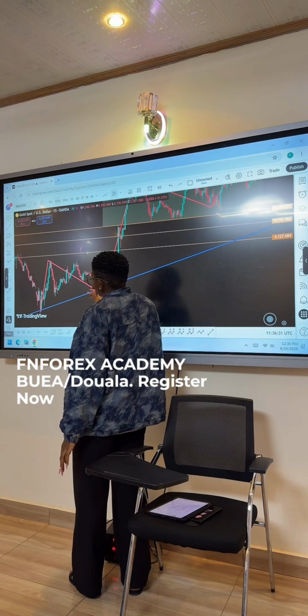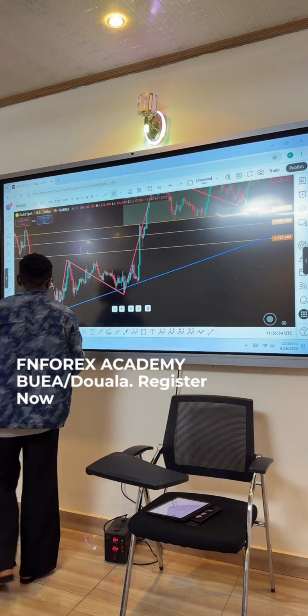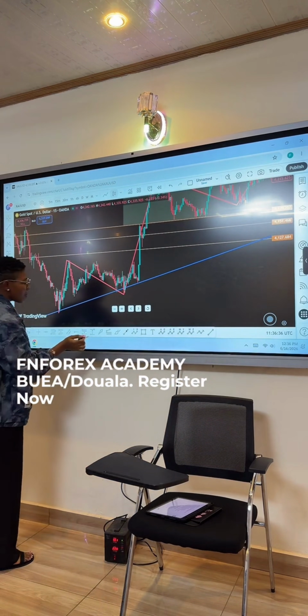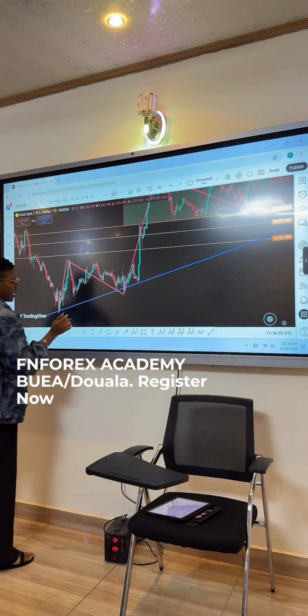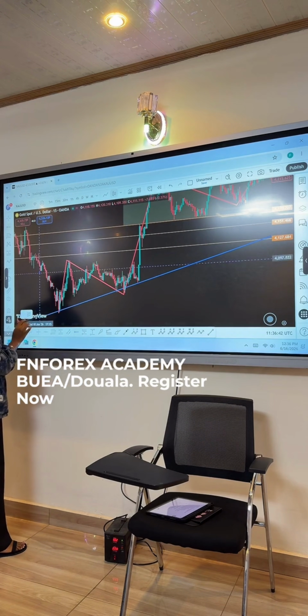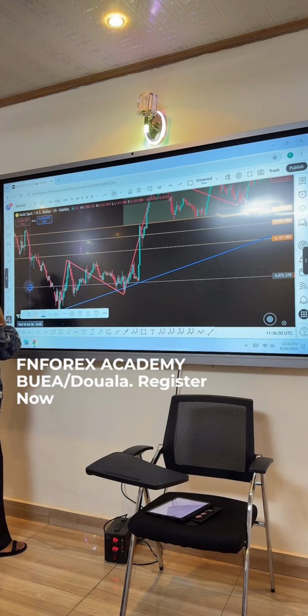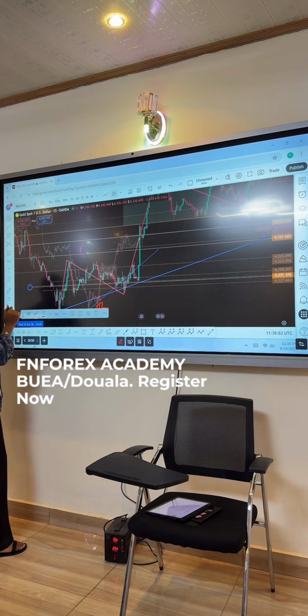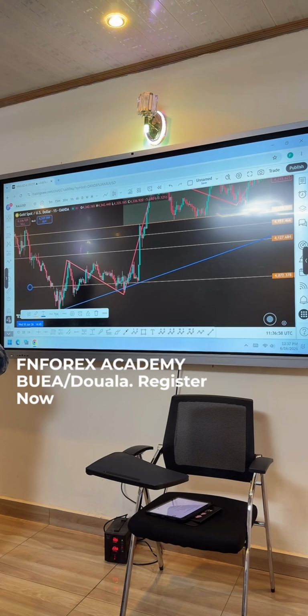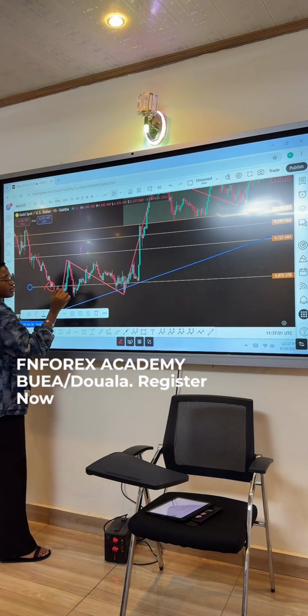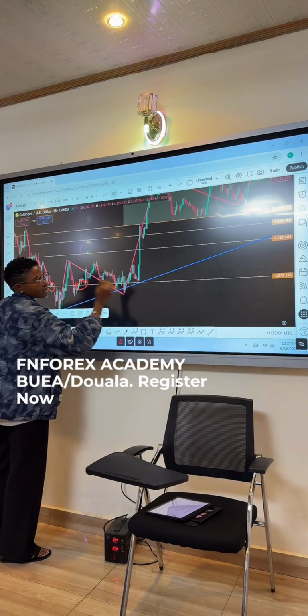Now you want to look for minor levels around previous price. So let's say this is what had happened previously. Now your next entry, you see it's a minor level.